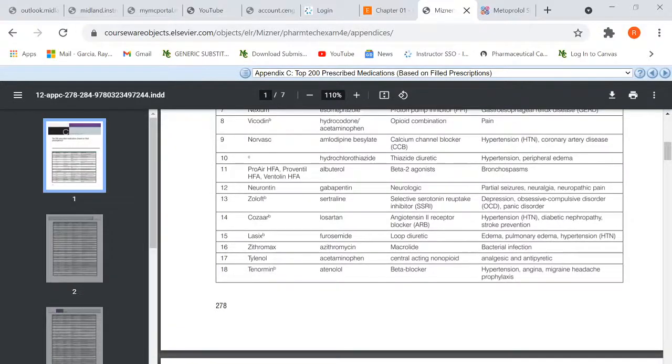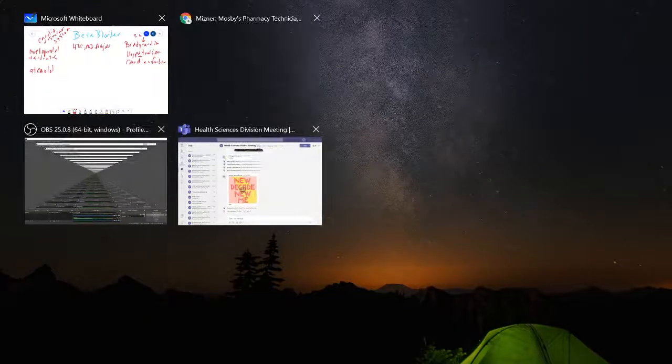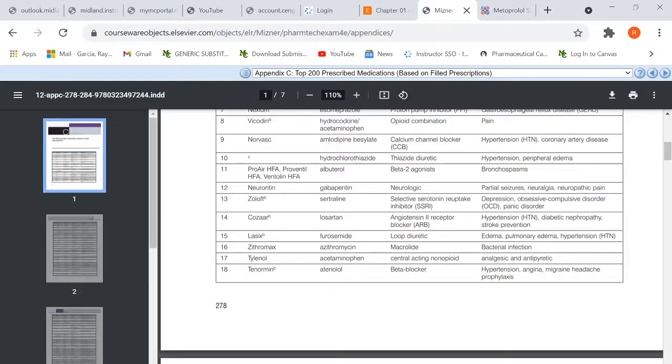Let's look at atenolol. Again, I'm just looking at the generic name, so maybe on a card you could transfer and put the brand name on there. Let's see what atenolol is for. Atenolol: hypertension, angina, migraine headache prophylaxis. Prophylaxis means to be proactive and try to treat it before the onset of it.